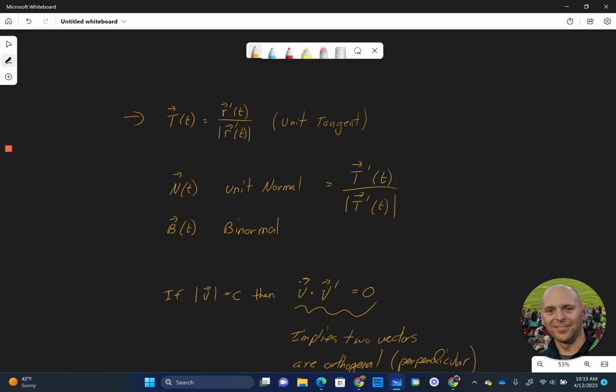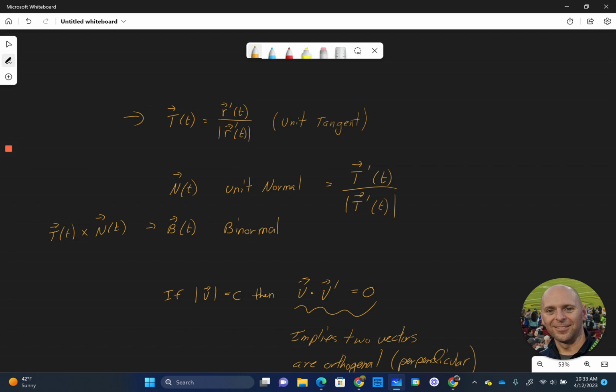So now to get that third vector, we can use our cross product rule, which we know generates another vector perpendicular to the other two, which is exactly what we need. So we can define our unit binormal here as just t cross n. So now we've got all three of these quantities defined.